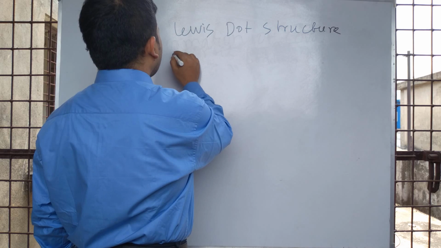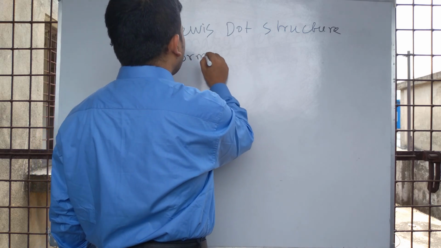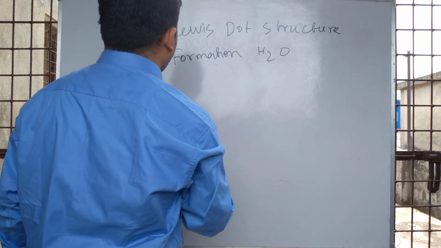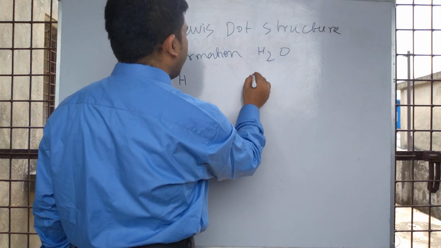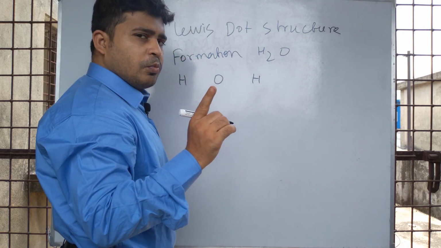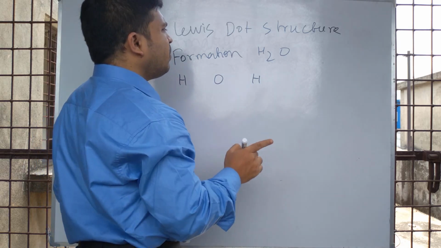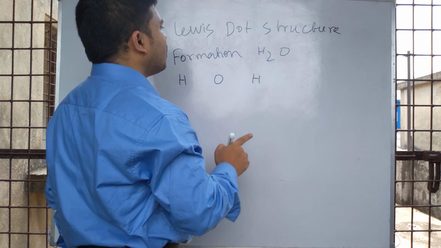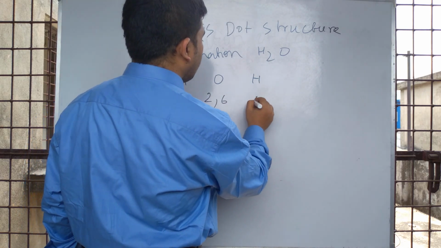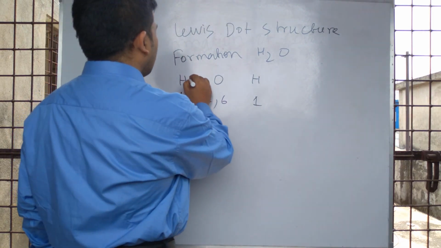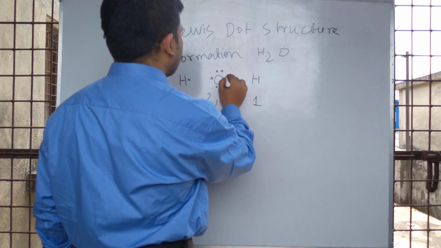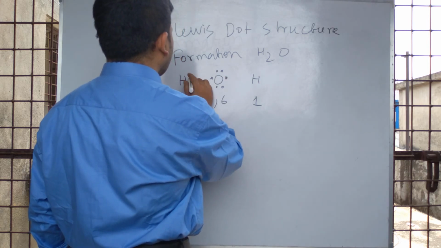For example, suppose formation of water. For the formation of water, 2 hydrogen atoms and 1 oxygen atom, and for covalent bonding formation, only valence shell electrons participate. Oxygen's electronic configuration is 2,6 and hydrogen's is 1.